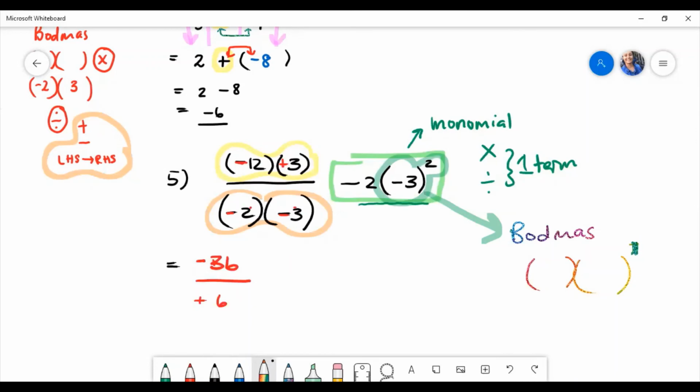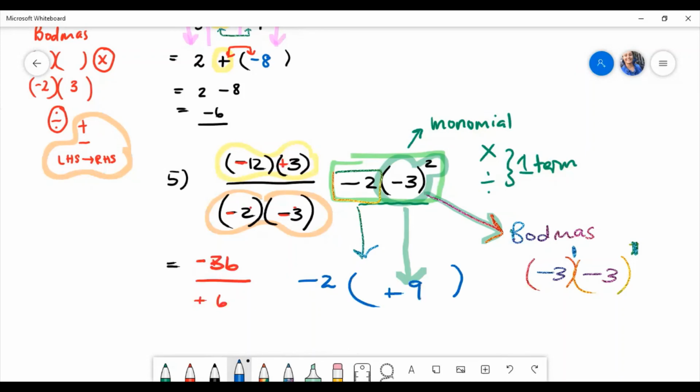I have done it twice though. Therefore, this takes priority, and this minus 2 will remain until I have simplified that bracket. So, minus 2 will remain, and let me simplify my minus 3 squared. That gives me a positive 9.